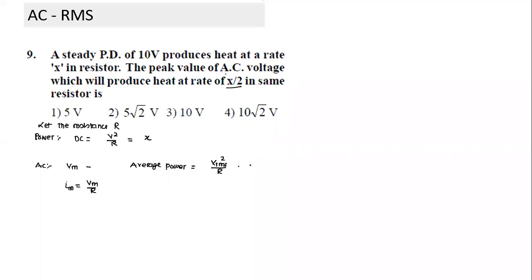It has to be VRMS square by R. VRMS will be equal to V max divided by root 2, squared, by R. And that is equal to X by 2. So VM square by 2R is equal to X by 2. So we can easily find how VM is related to V.